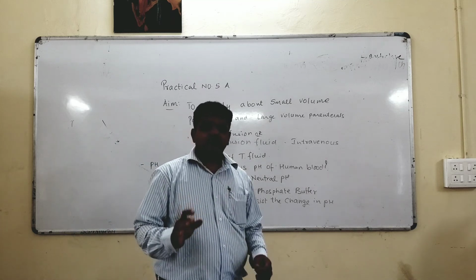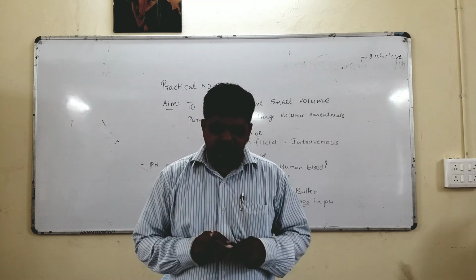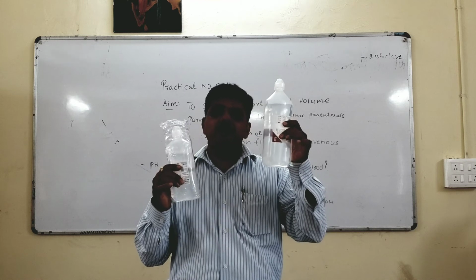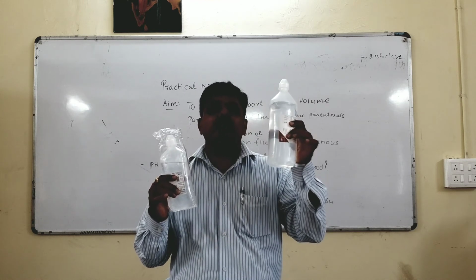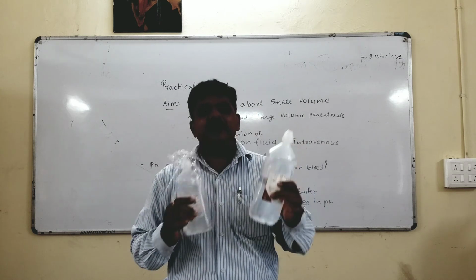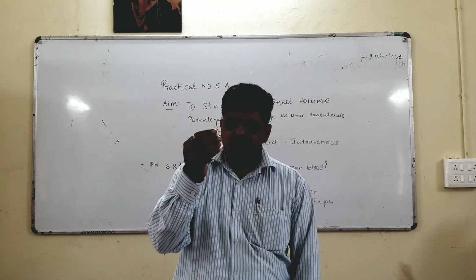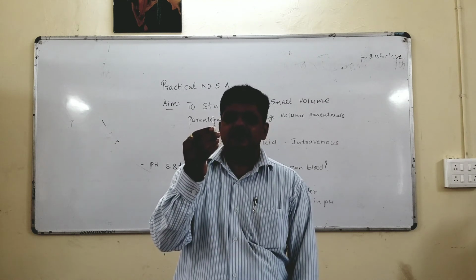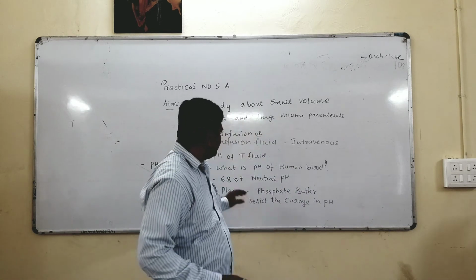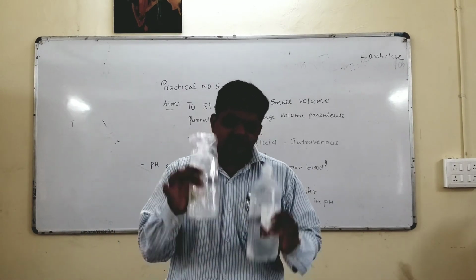This is required in case of large volume parenteral, because the amount of liquid to be administered is very high, while in case of small volume parenteral, the amount is very less, right? So these two factors, isotonicity and pH, are very important for transfusion fluid.